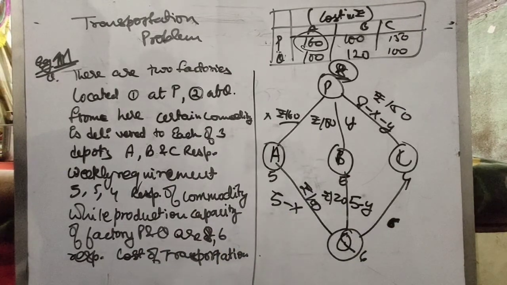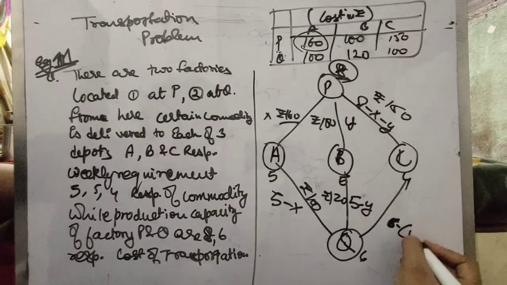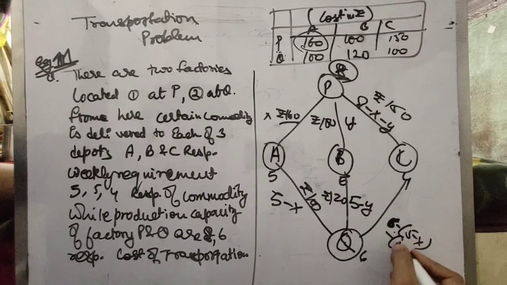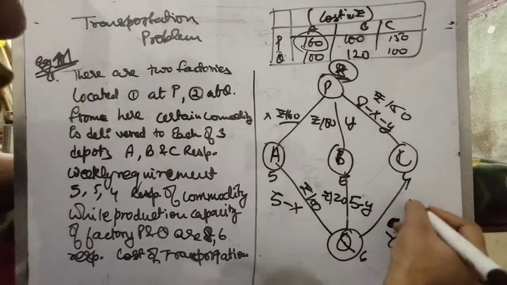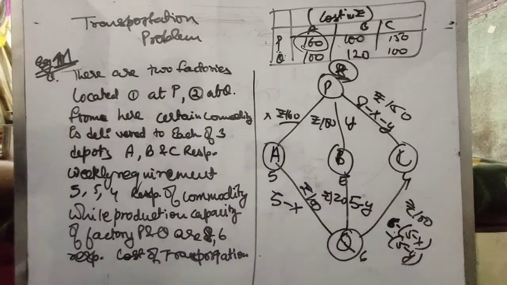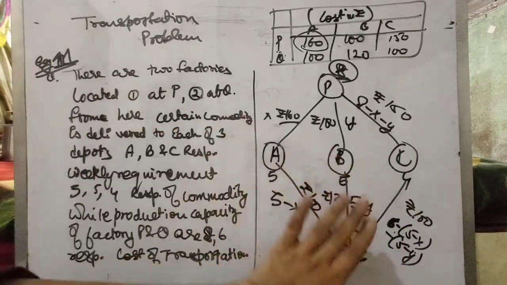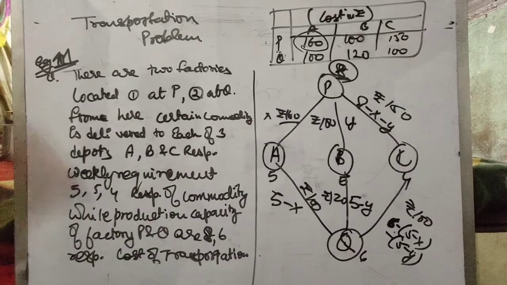You will subtract equation number this and equation number this. So subtracting 5 minus X, use brackets, minus 5 minus Y. So these all will be your equations that will be formed, and also the price rupees 100 will be your price. Now I'll make the equations and let you know how to form them.